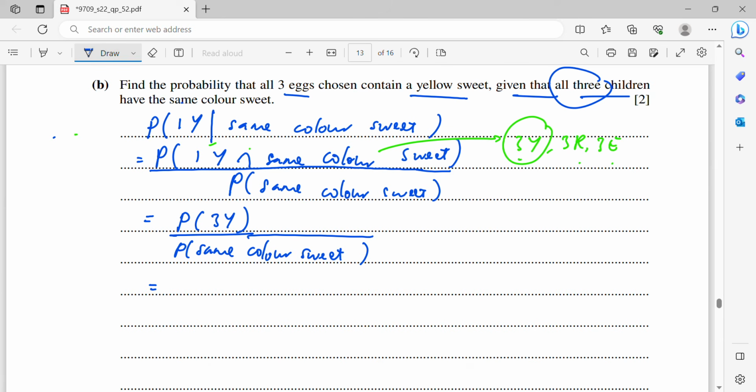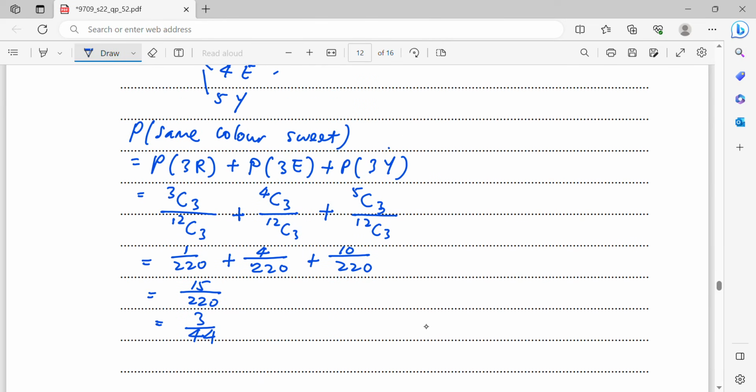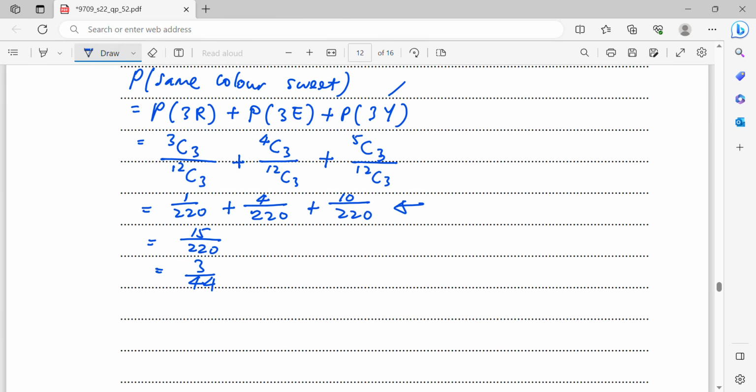Alright, so all 3Y, just now we have counted the probability. 3Y is 10 over 220. Divided by same color sweet, you can just use 15 over 220 because we can cancel off the 220.